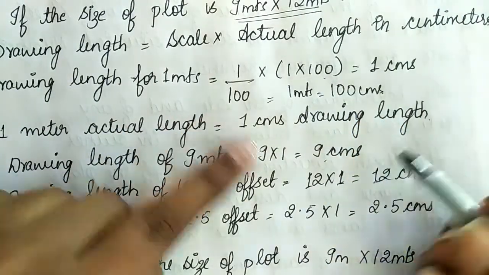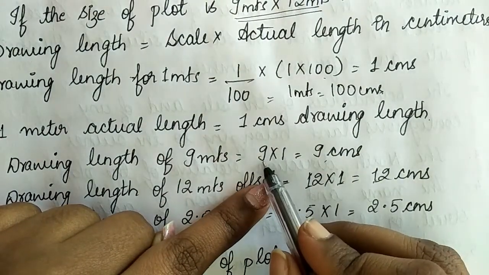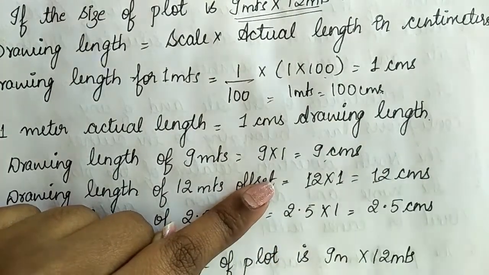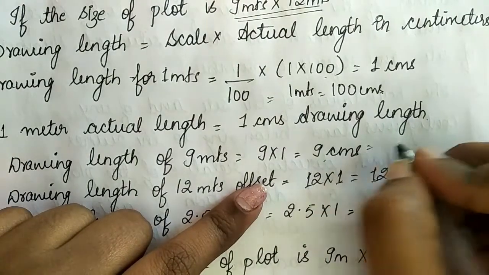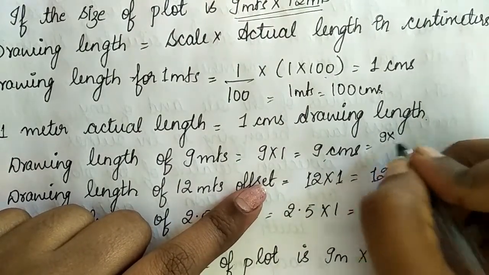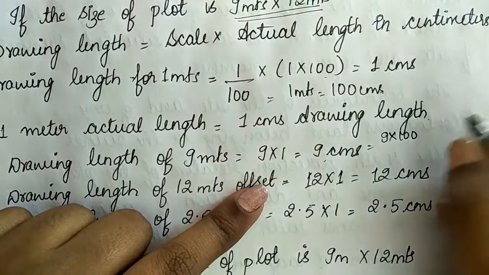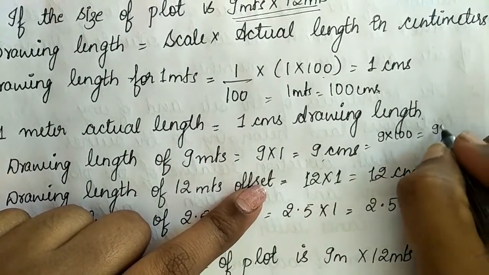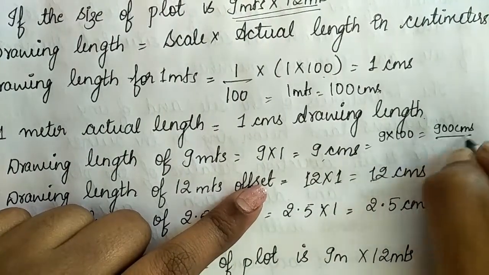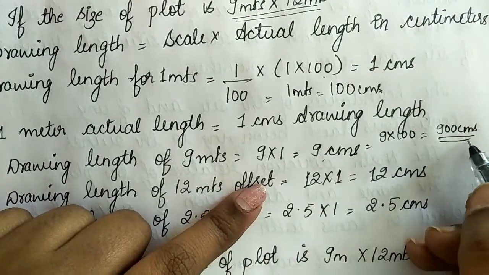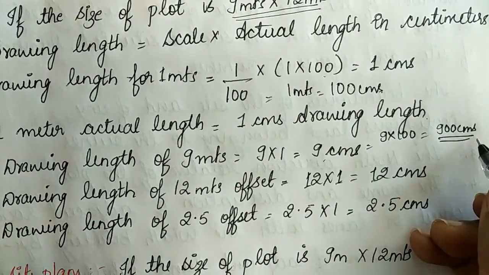Okay, so when you want to convert this 9 meter to centimeter, what you want to do is, ये आपका 9 हो गया, इसको आप convert करो सेंटीमीटर्स में. So 9 into 100 is how much? 900 centimeters, right? So you have already converted meter into centimeters.